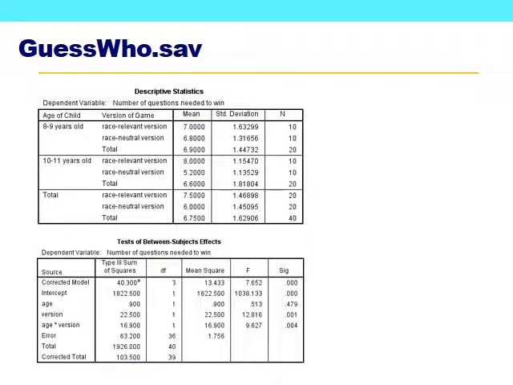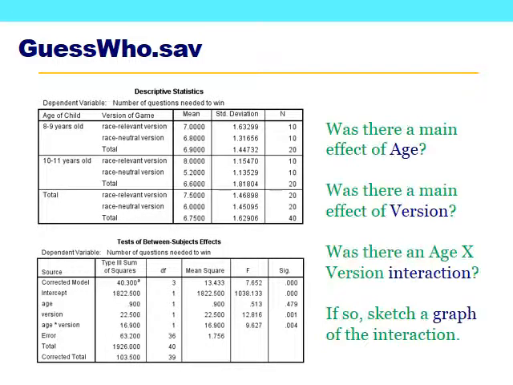If we look at the marginal means, we'll see that on average, the younger kids needed 6.9 questions to win the game. The older kids needed 6.6 questions. While those are different numbers, the p-value tells us that they're not significantly different from each other. We did, however, find a main effect of version with a p-value of 0.001.